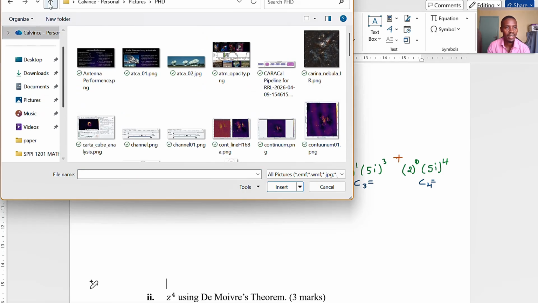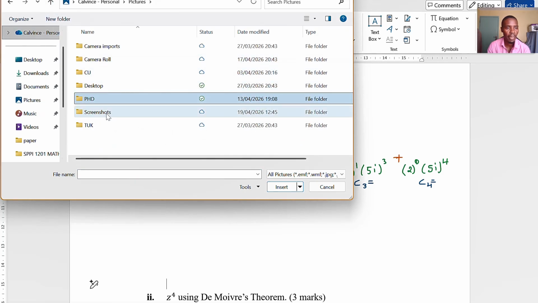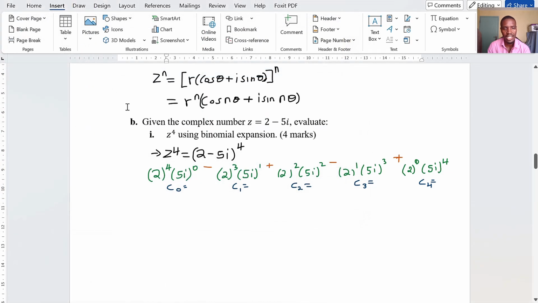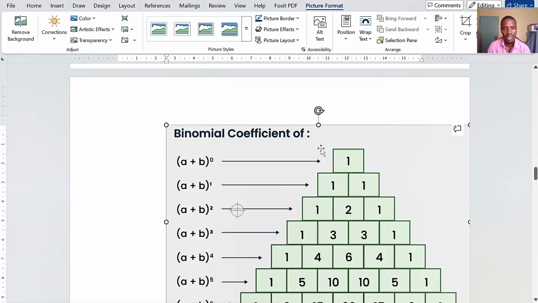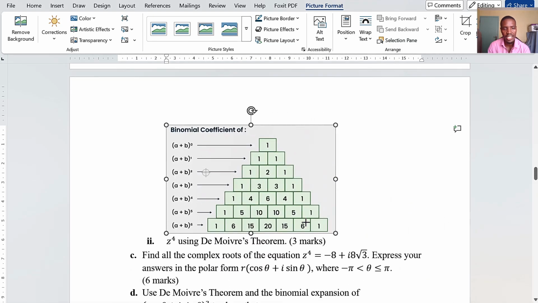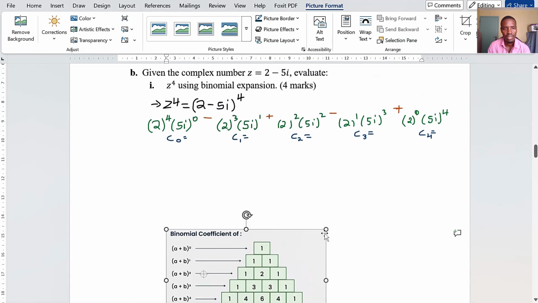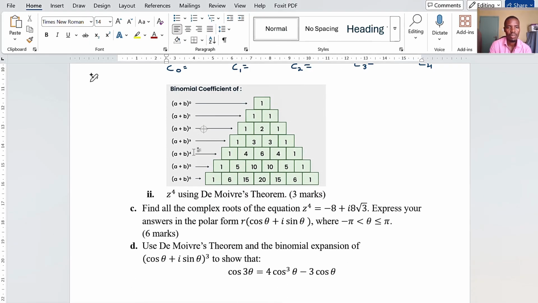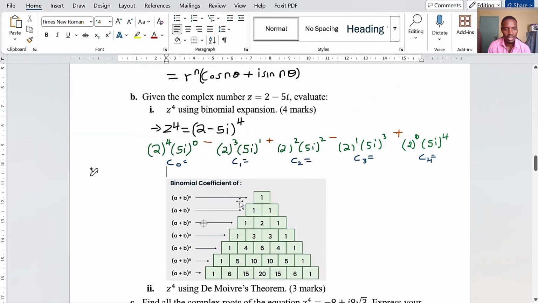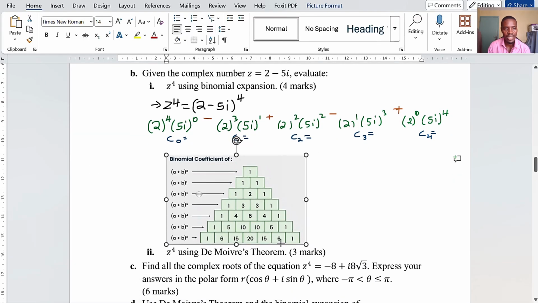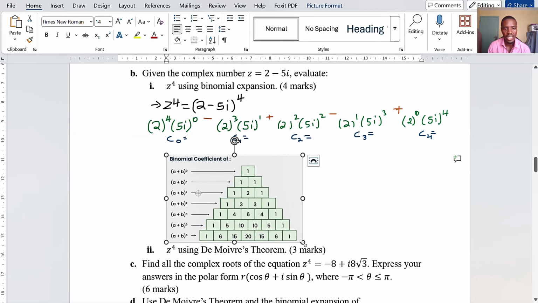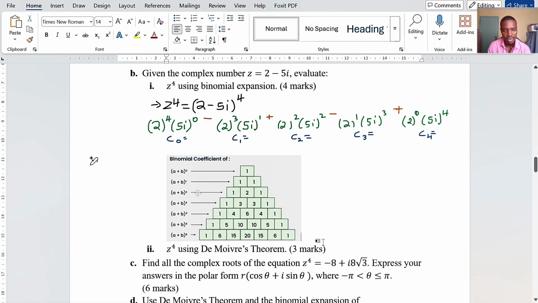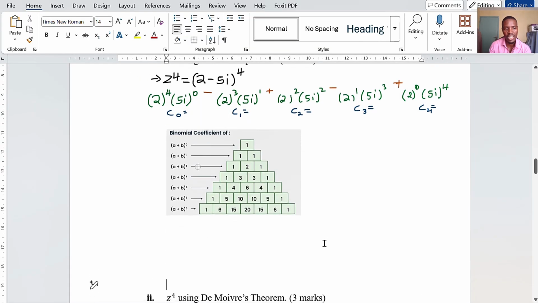So let me just find it, yes, Pascal triangle should be with me. I'll just resize it and move it up. Sorry about that. I could have uploaded it earlier, but you can use a calculator to solve this. I hope we are able to see what is happening. So I'll move these ones down.